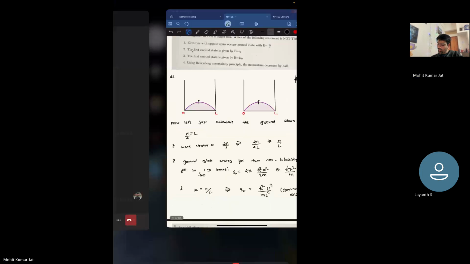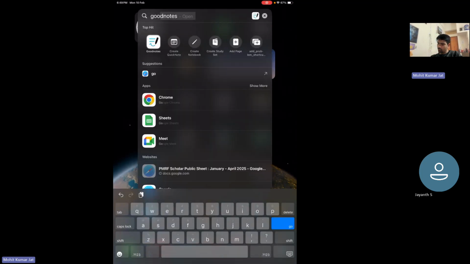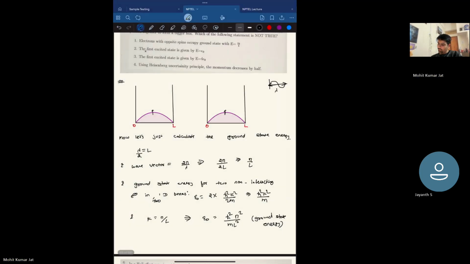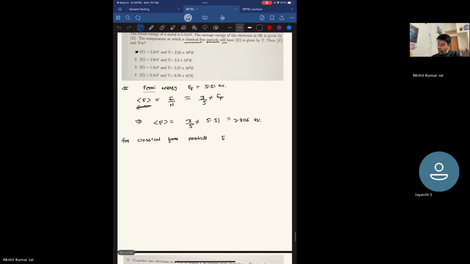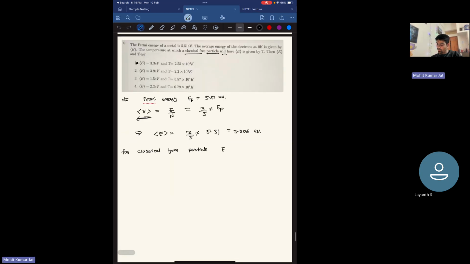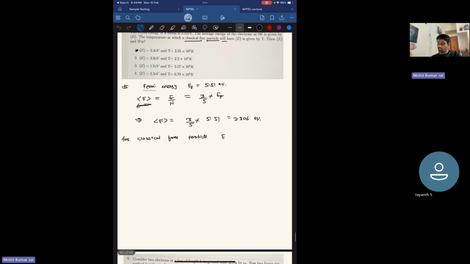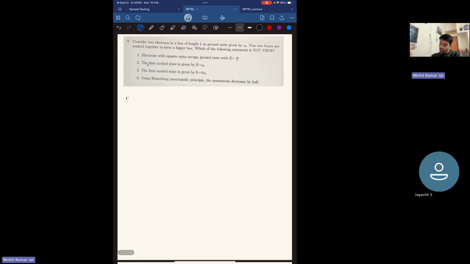Somehow it's not coming. There's some lag in the software. Got to fix it, but sorry for the somehow the things got erased. I don't know. I will write it again, but somehow the things got erased. The software is not behaving the way it should. But I remember the value, so I will write the value h by square pi square by m L square. This is the epsilon naught.